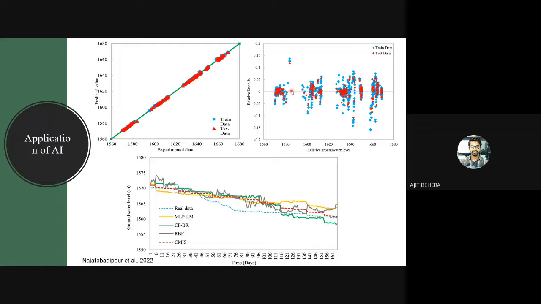We have to prepare our future groundwater model, or we can forecast our model, or we can also predict some scenarios or conditions based on the groundwater level or rainfall data. So these are the various artificial neural network structures used to predict the groundwater level.